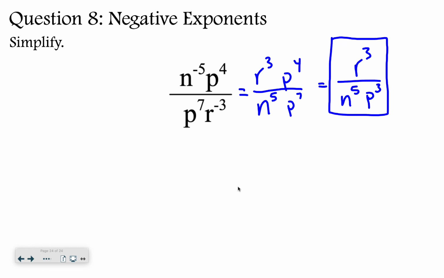But if you were to switch these two things around, your answer's still correct as long as it's p to the 3rd and n to the 5th. It doesn't matter which order you go in, it's still correct. Like I said, my personal preference is usually alphabetical order, but if it's not alphabetical order, you're okay.